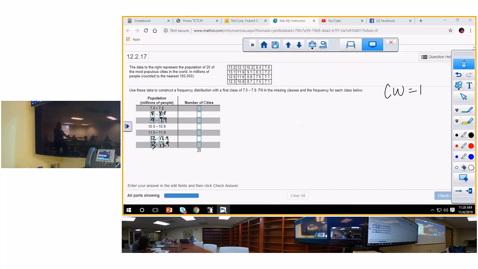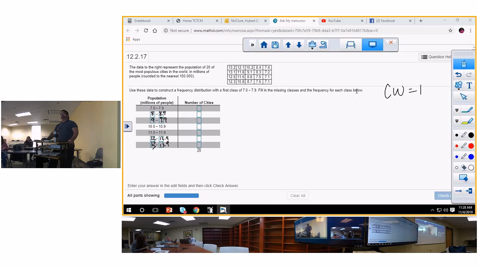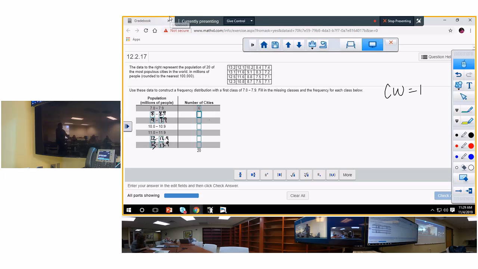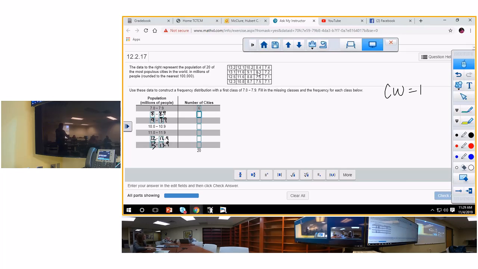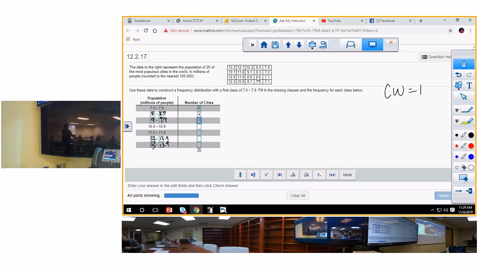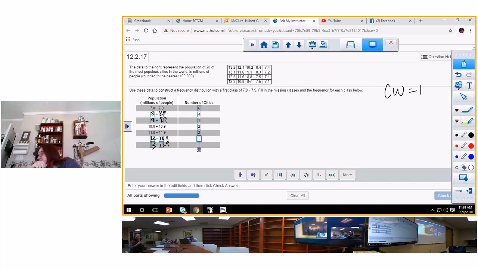So 7 to 7.9 looks like 6. So you'll put a 6 here. 8 to 8.9, 4. 9 to 9.9, 1. 10 to 10.9, 2. 11 to 11.9, 2. 12 to 12.9, 3.